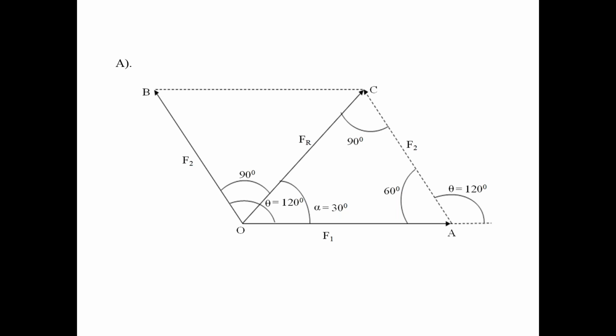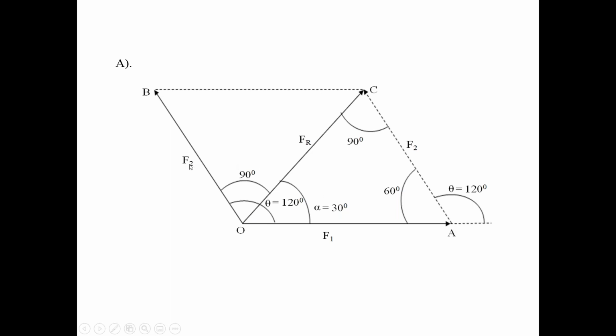The first force is F1 equal to 40 Newton. The second force is F2, the smaller force, unknown. Between the forces F1 and F2, the angle is 120 degrees. This is theta. Take the force F1 as the side OA of the parallelogram.